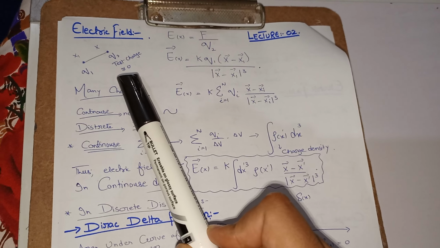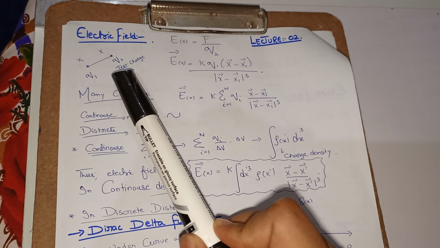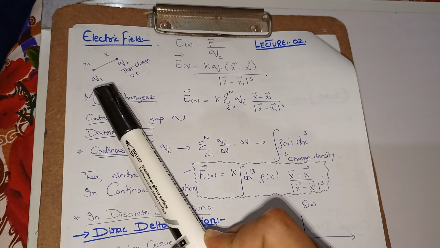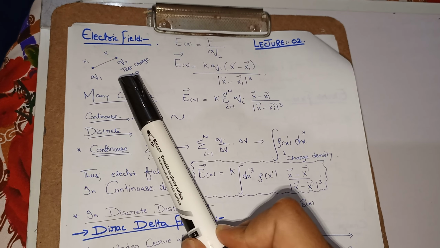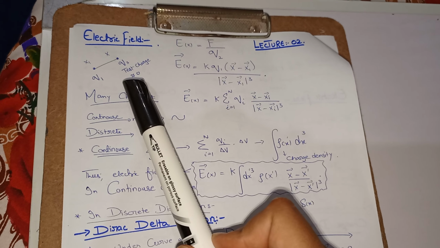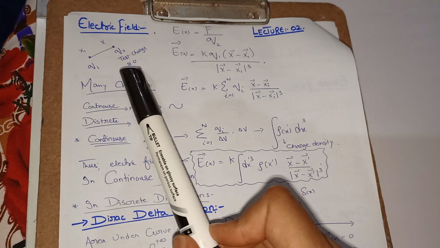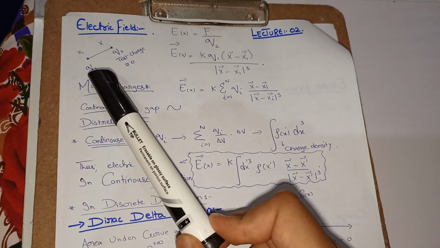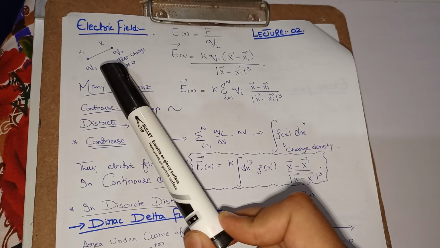This is because if the field of the test charge is also large, it disturbs the original charge's field. So for the test charge, you take the field approximately equal to 0, very low.